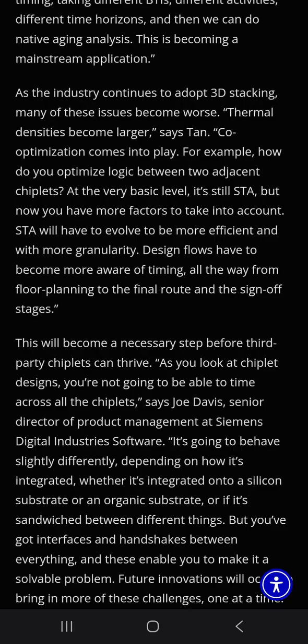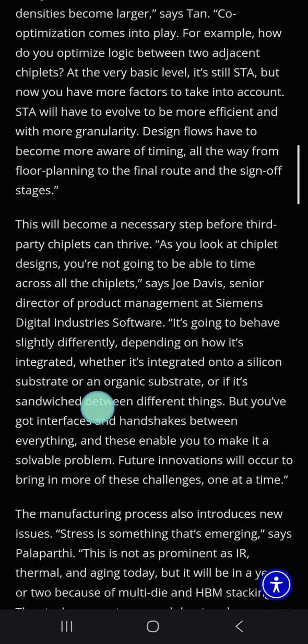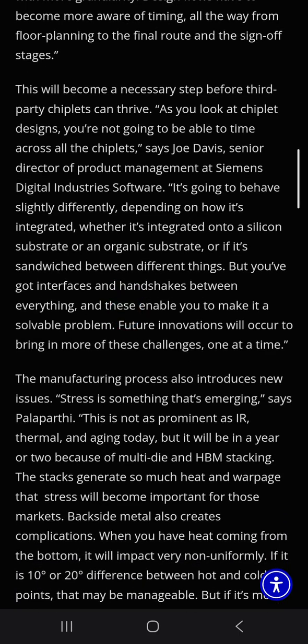As you add the chiplet designs, you are going to be able to time across the whole chiplet, said Joe Davis, a senior director of product management at Siemens Digital Industries Software. It is going to behave slightly differently depending on how it's integrated, whether it's integrated onto a silicon substrate or organic substrate, or if it's sandwiched between different things, but you've got the interface and handshake between everything, and this enables it to be a solvable problem. Future innovation will occur to bring in more of those intelligent challenges, one at a time.